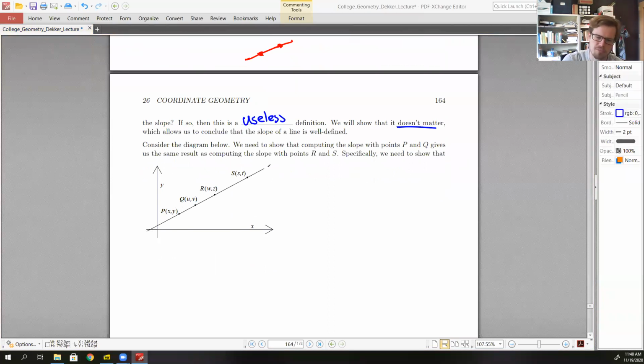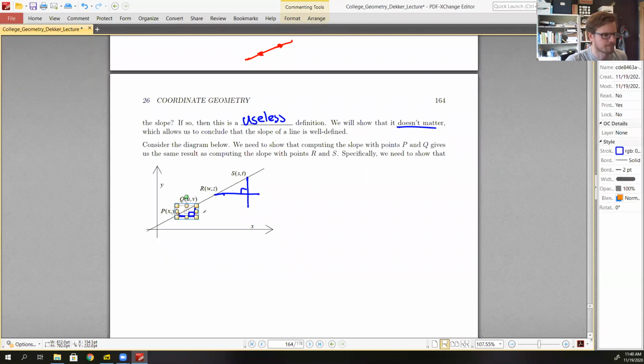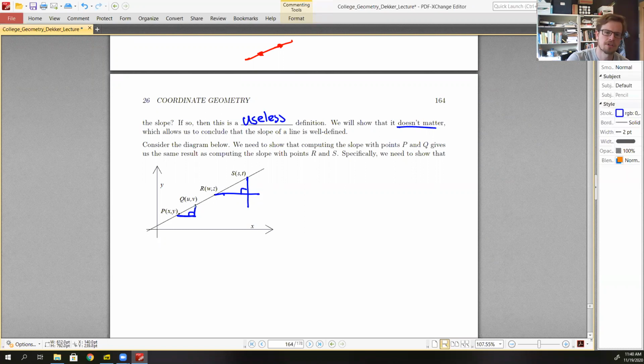So with these 4 points given, let's consider the 2 triangles made by considering the horizontal and vertical lines through these points. If we consider the vertical and horizontal, it's going to give us a few new points.